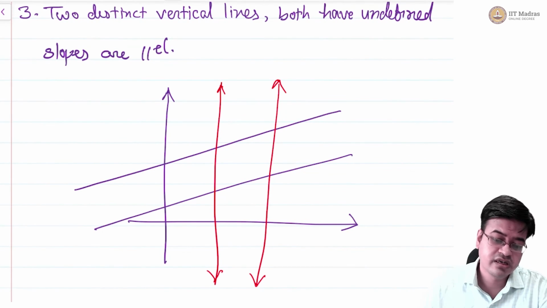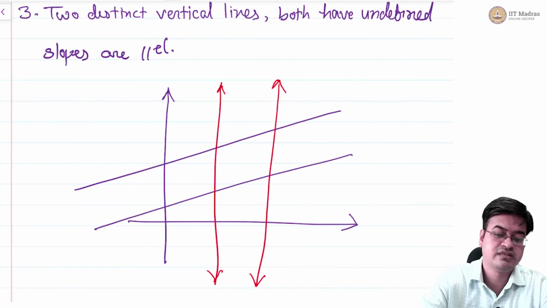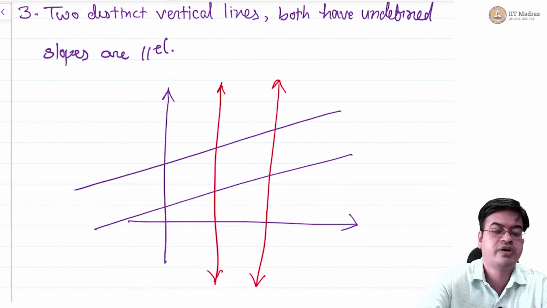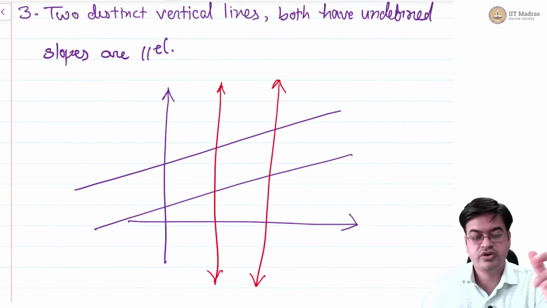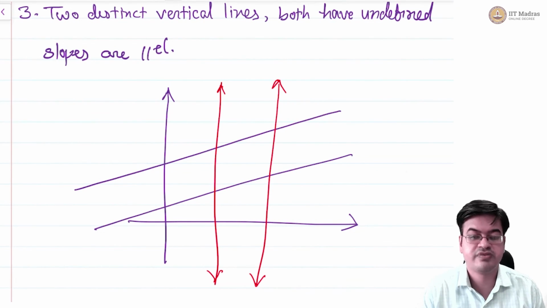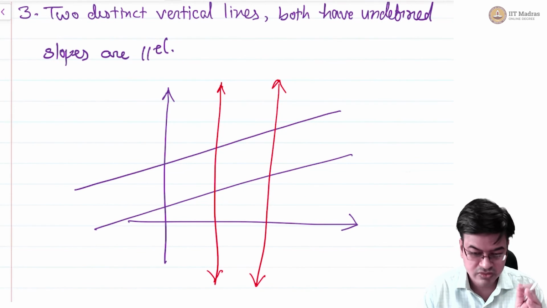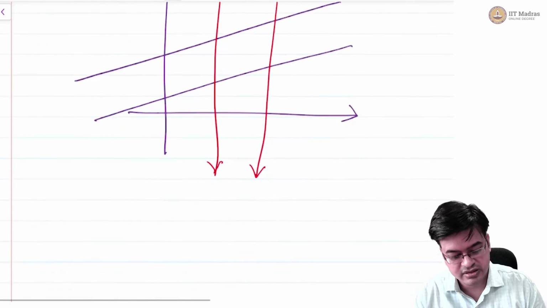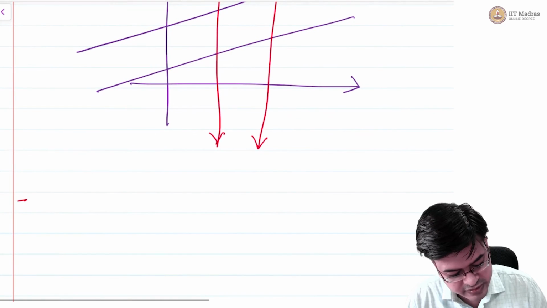So again, this is about parallel lines. Let me give you one example where you have been given a point and asked to find the equation of a line which is parallel to a specific line. So let me start with that example.